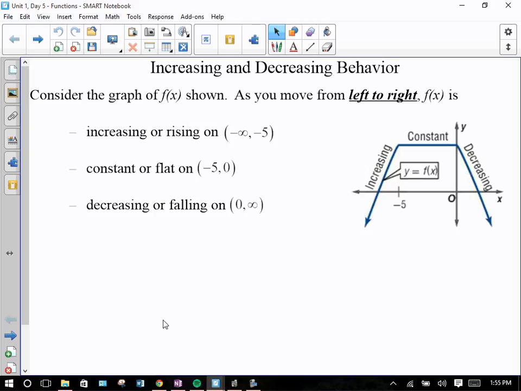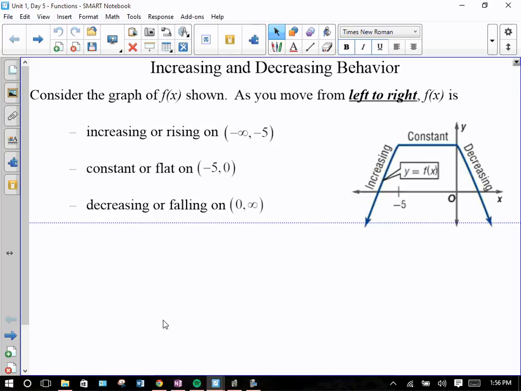Okay? So what we want to look at is the graph of f(x) that's shown right there. As we move from left to right, what we would say is f of x is increasing or rising. We're going to stick with the word increasing though.